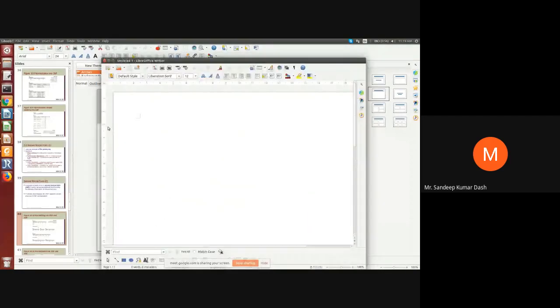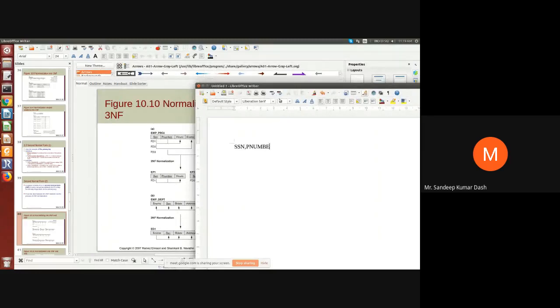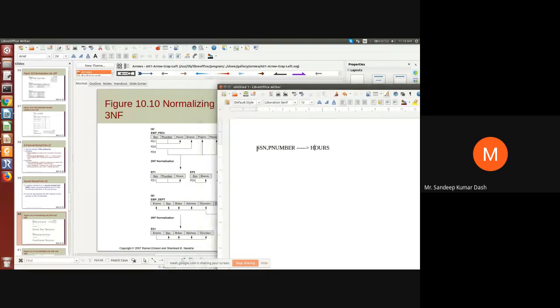It will be represented like this: SSN, P number determines hours. This is your first functional dependency, FD1. Similarly, FD2 is SSN determining ename. It will be given like this, or this figure may be given.